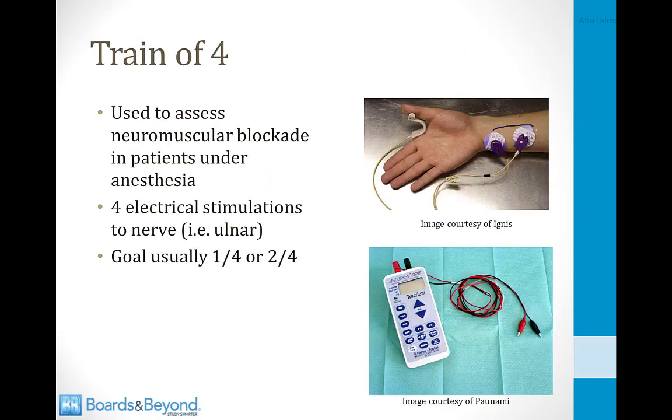You put these little stimulators on the patient's wrist, and then it sends a little electrical jolt and it makes the fingers contract. And this is how you assess neuromuscular blockade in patients under anesthesia. Your goal is to usually see them contract 1 time out of 4 stimulations or 2 times out of 4 stimulations. If their fingers never contracted in response to the electricity, that would mean that they are overblocked. And if they responded 4 times, that would mean they're not blocked enough.